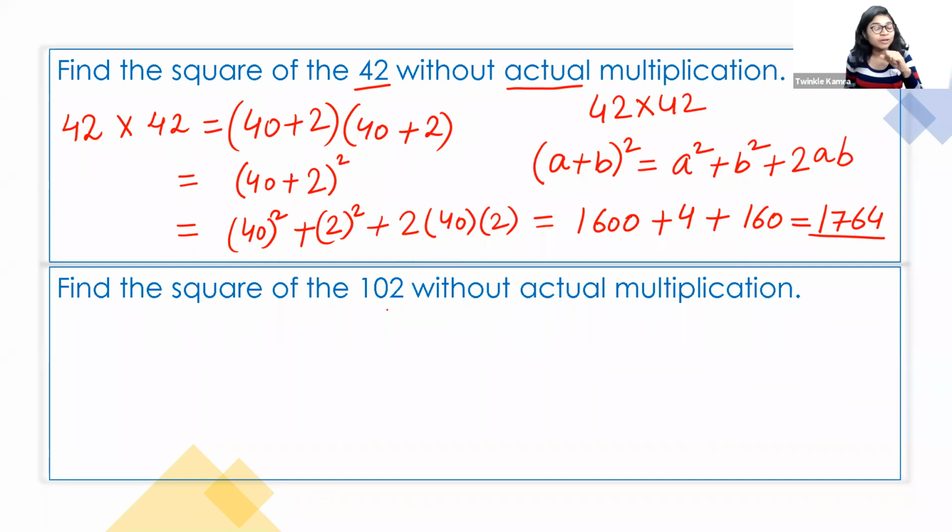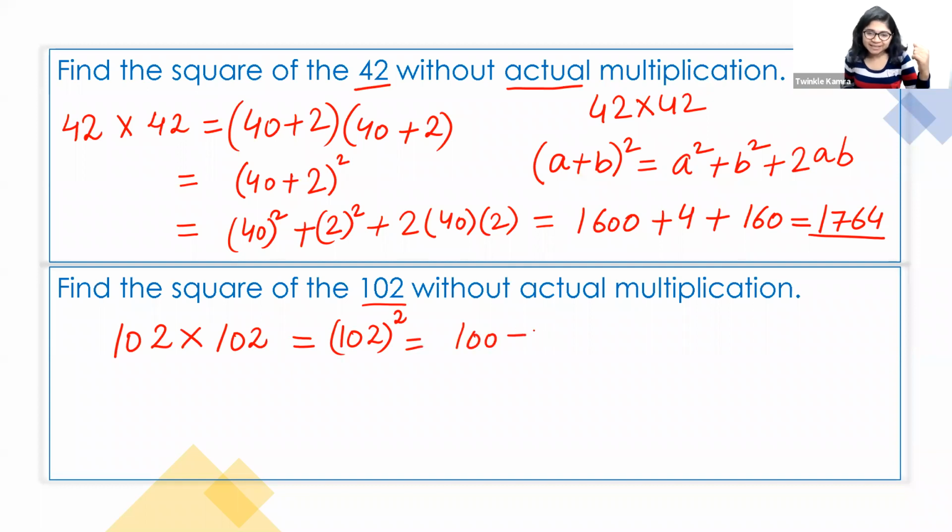Then similarly, finding the square of 102 without actual multiplication. The same way, you write 102 into 102, which is 102 square. This is (100 plus 2) square.